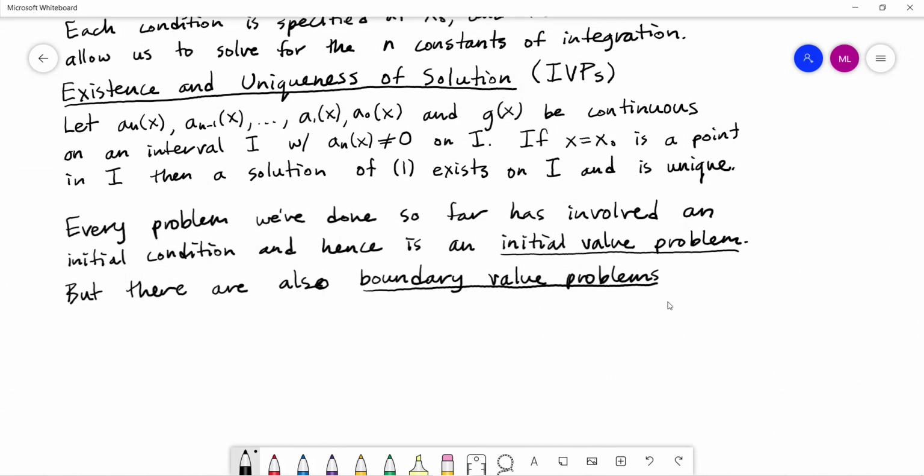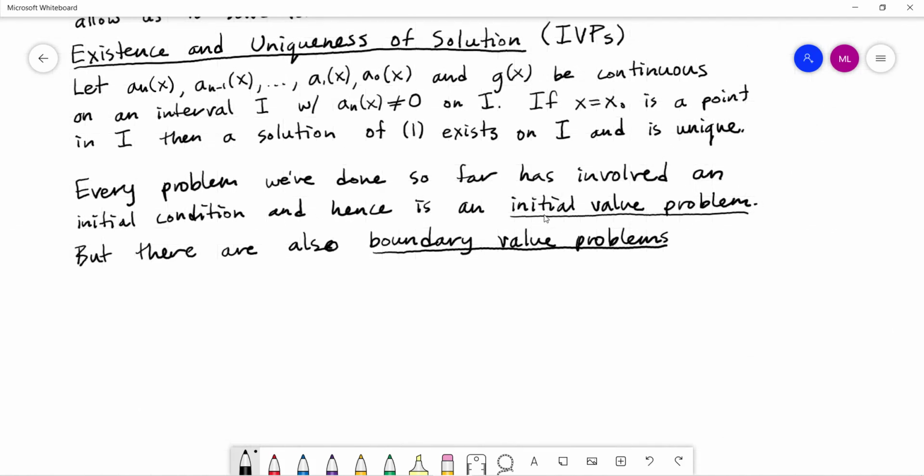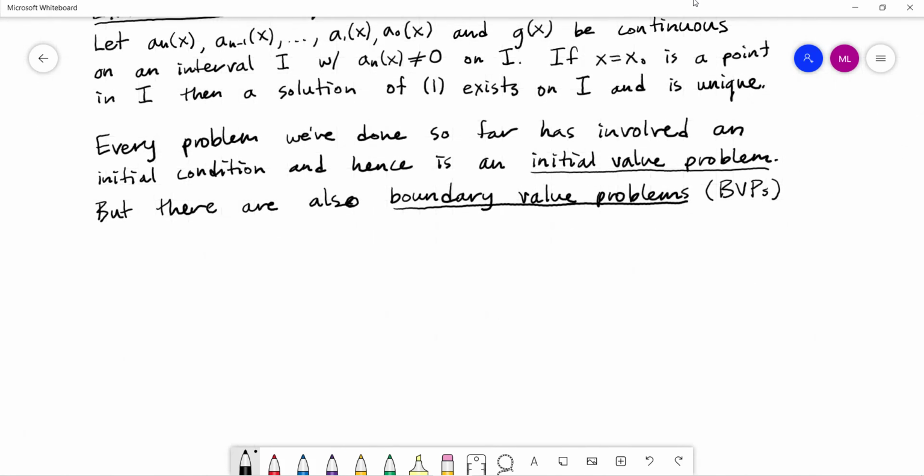They're specified at different boundaries, so to speak, if you think about it spatially, at different points in space in the problem, often on the boundary of the interval I that we care about. So boundary value problems, which we will sometimes abbreviate as BVPs, where the conditions are specified at multiple points.